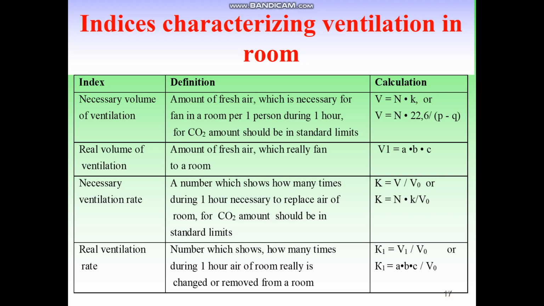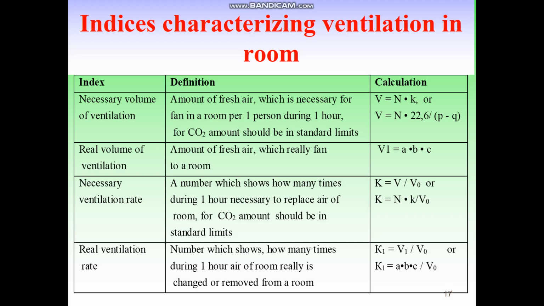Necessary volume of ventilation is the amount of fresh air which is necessary for airing a room per one person during 1 hour. For carbon dioxide, the amount should be within the standard limit. Real volume of ventilation is the amount of fresh air which is really supplied to a room.